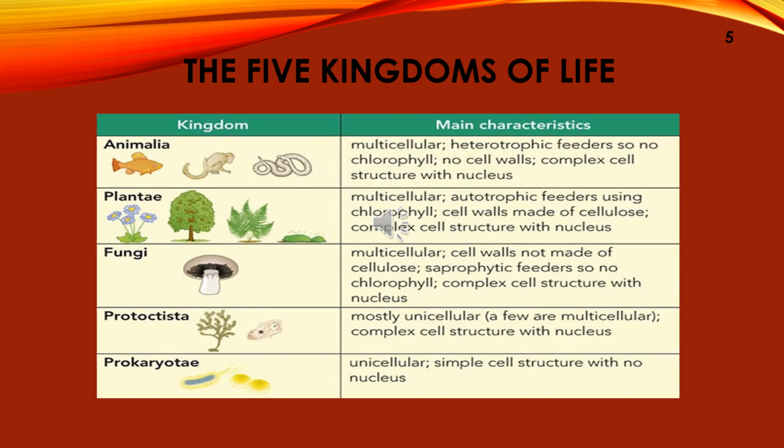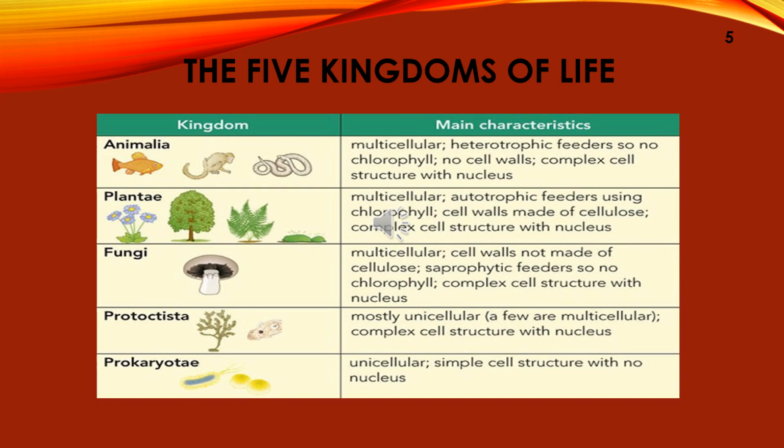Then the Animalia, the plantae, the fungi, and the protista, these are eukaryote. And the last one is prokaryote. It means that it has only one cell, and the rest are multicellular.